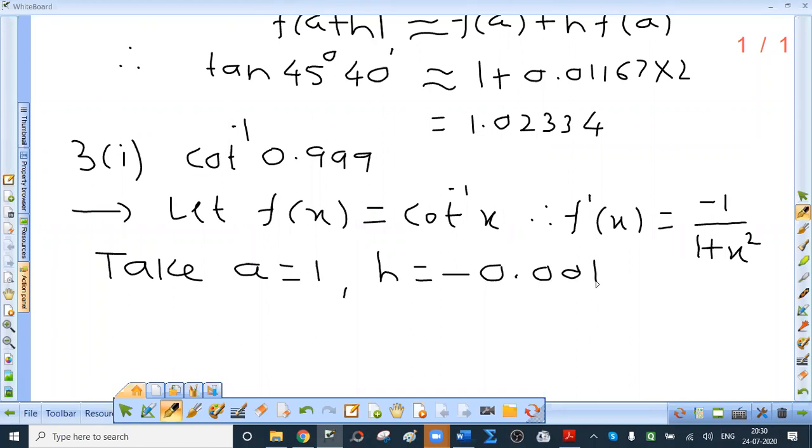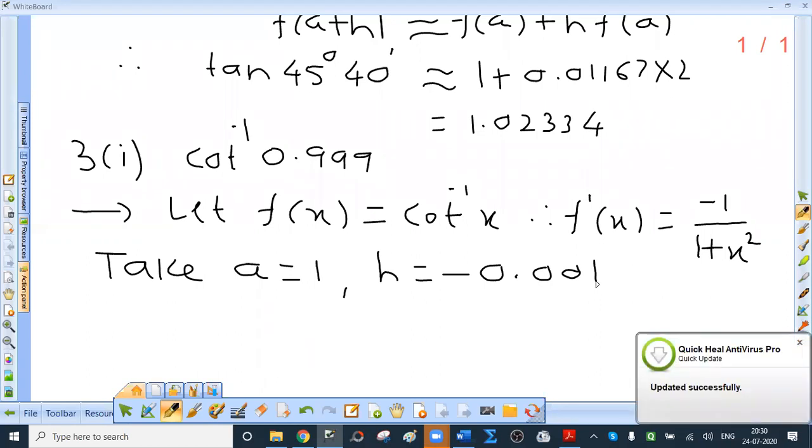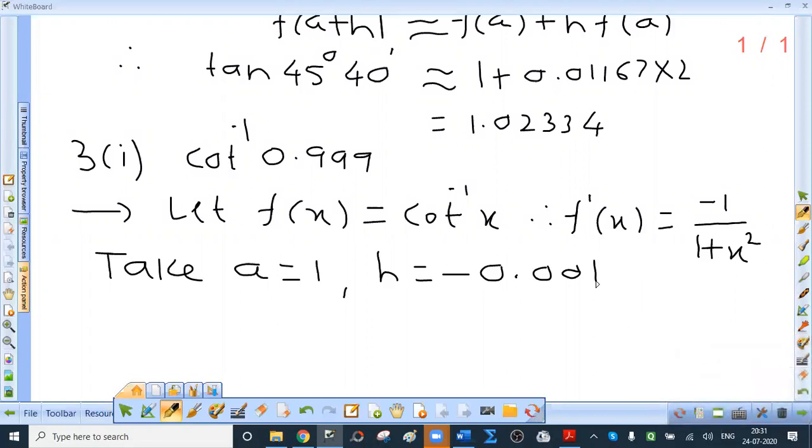Now don't say, are we supposed to convert this into radian? Remember, cot inverse 0.999. 0.999 is not an angle, it is the ratio. Cot inverse of that is the angle. Okay, so h as it is. Now tell me the values. What is f of a? It is f of 1, which is cot inverse 1.